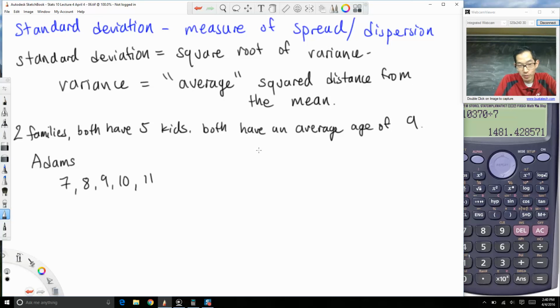We've got the Baker family. They were much more methodical. The 5 kids are 1, 5, 9, 13, and 17. So both families, 5 kids, both families, the average age is 9.